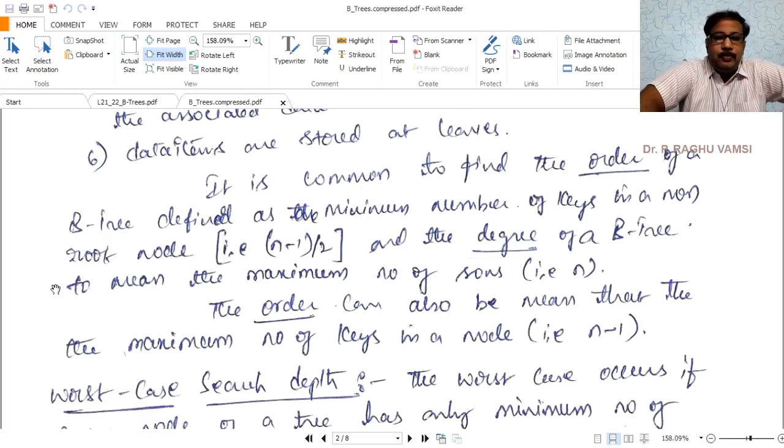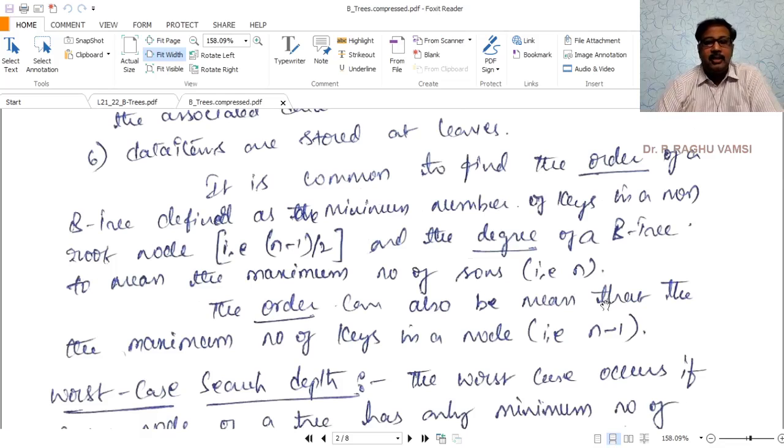For example, if a B tree is of order 5, it defines the number of keys in a non-root node as 5 minus 1 by 2, and the degree of a B tree means the maximum number of sons. If a B tree's degree is 5, it means every node in the B tree can have a maximum of 5 sons or 5 children.